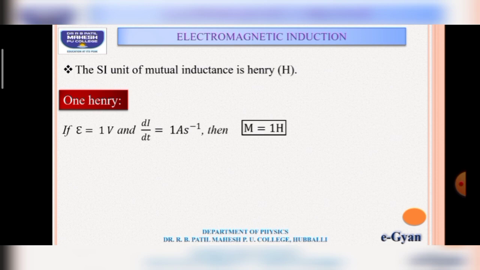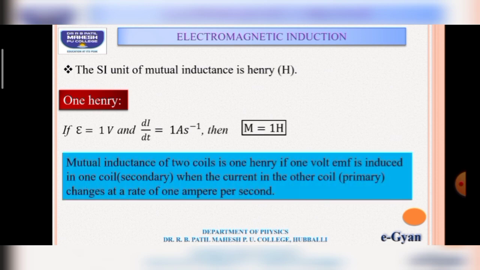Now let us define 1 Henry. Mutual inductance of two coils is 1 Henry if 1 volt EMF is induced in one coil when the current in the other coil changes at the rate of 1 ampere per second. This is the definition of 1 Henry.